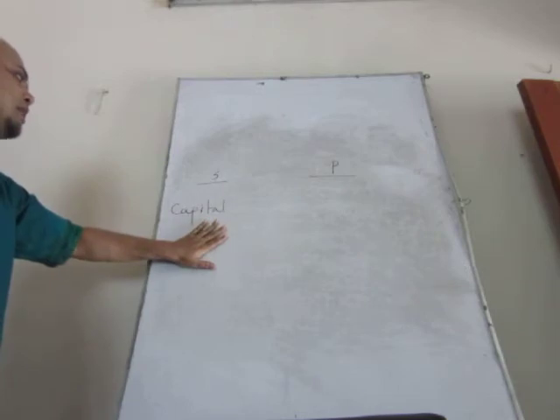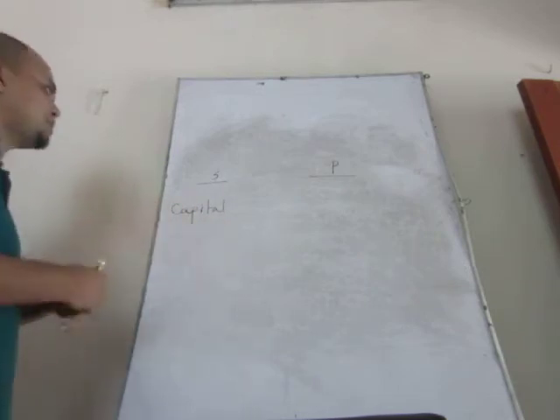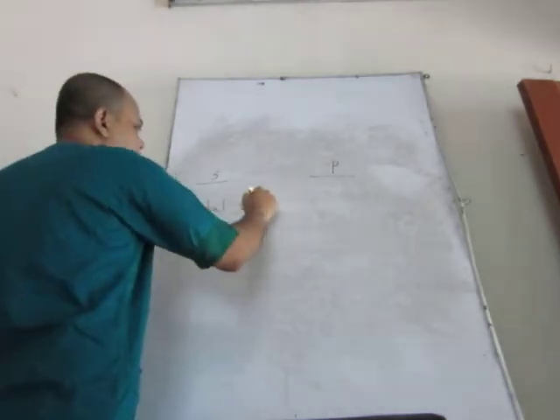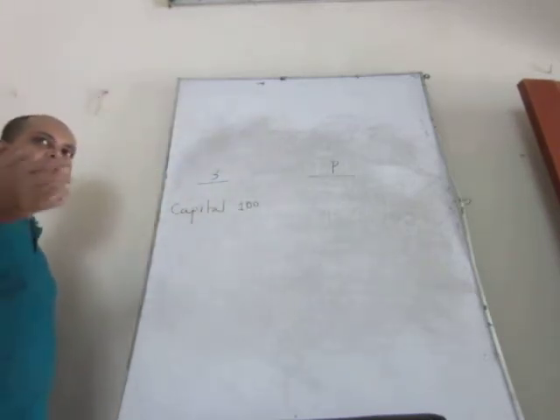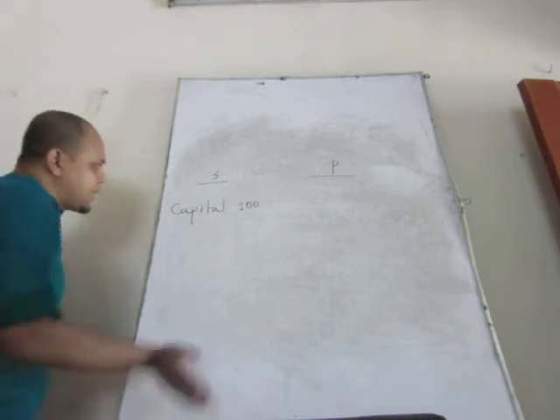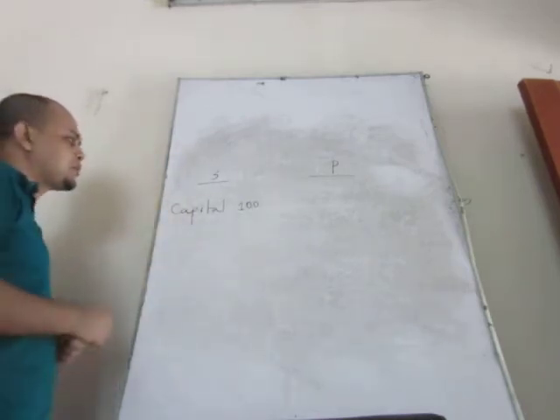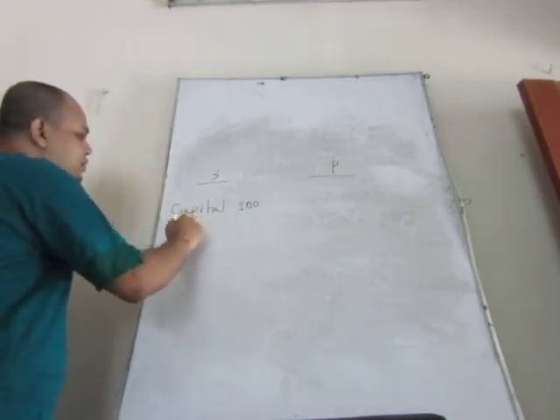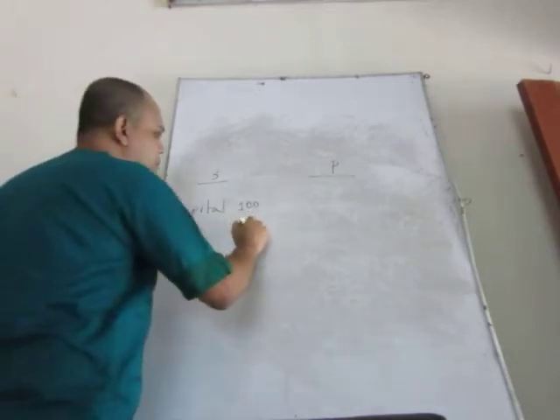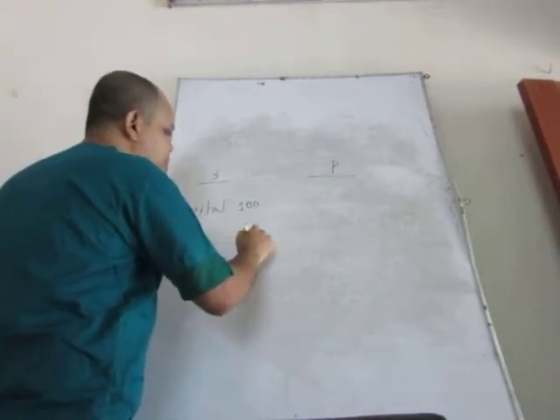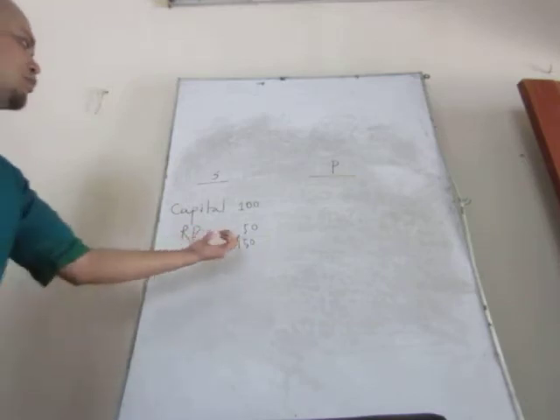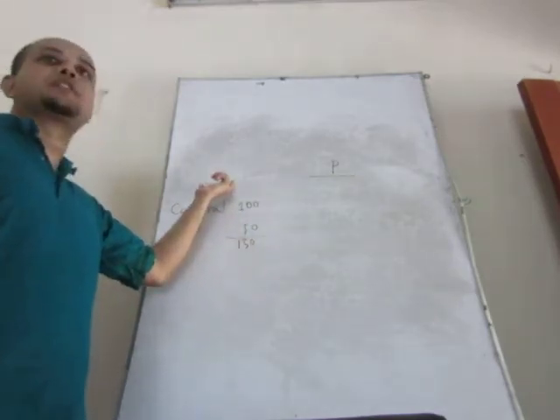Suppose capital is, as for example, any amount, plus retained profit, less drawings, is added to this capital. Suppose retained profit is $50, so your total capital is $150. So this is the movement of capital in sole tradership.